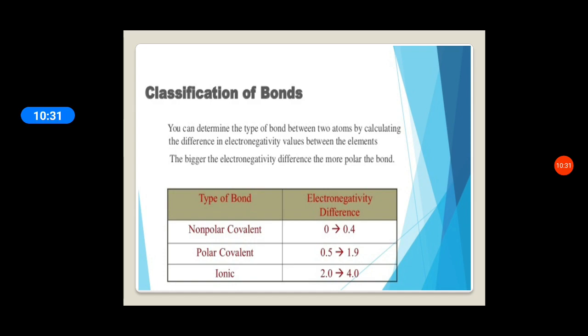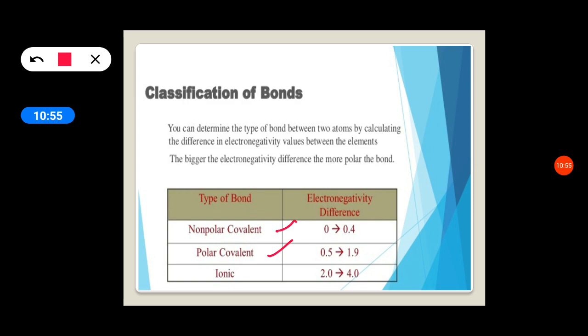So if the difference in electronegativity is between 0 to 0.4, then it is called a non-polar covalent bond. If that difference is more, that is 0.5 to 1.9, then it is a polar covalent bond.